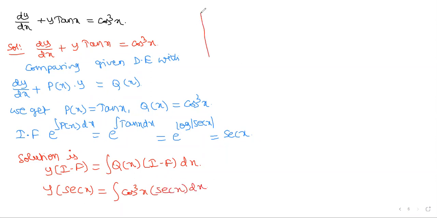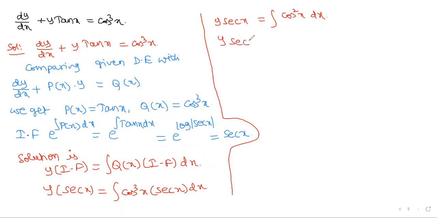So y into secant x is equal to integral of cos cube x into secant x, which becomes cos square x dx. Using the submultiple formula, cos square x is (1 plus cos 2x) by 2.